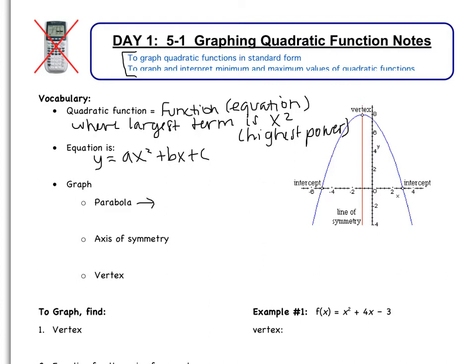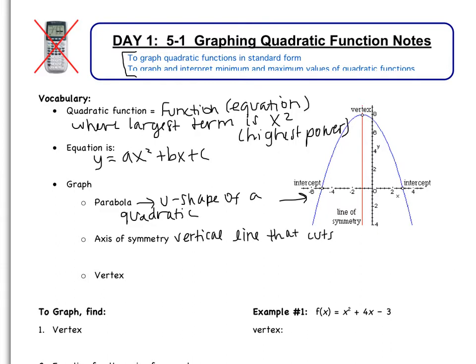We have three vocab terms from the graph. The parabola is the U shape of a quadratic, which you can see right here. The axis of symmetry is a vertical line that cuts the parabola into two symmetric parts.